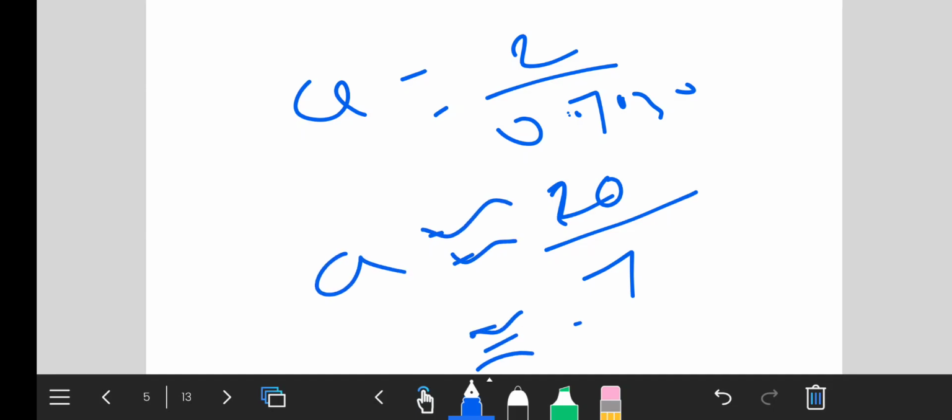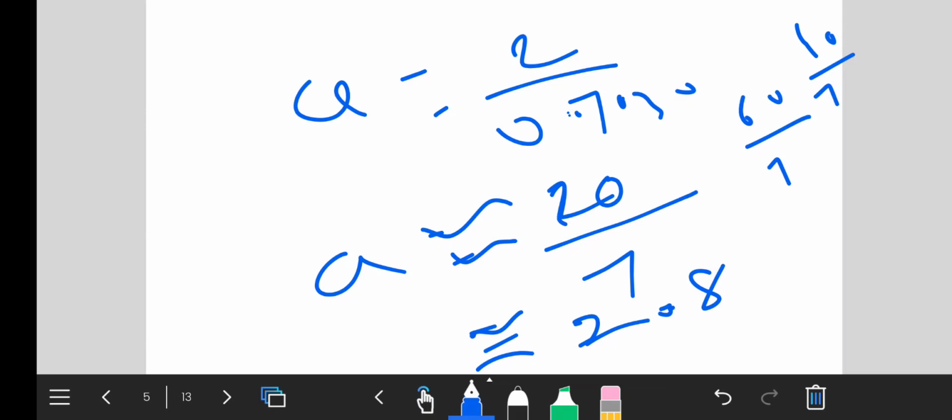So 20 divided by 7 is approximately 2.85, friends.